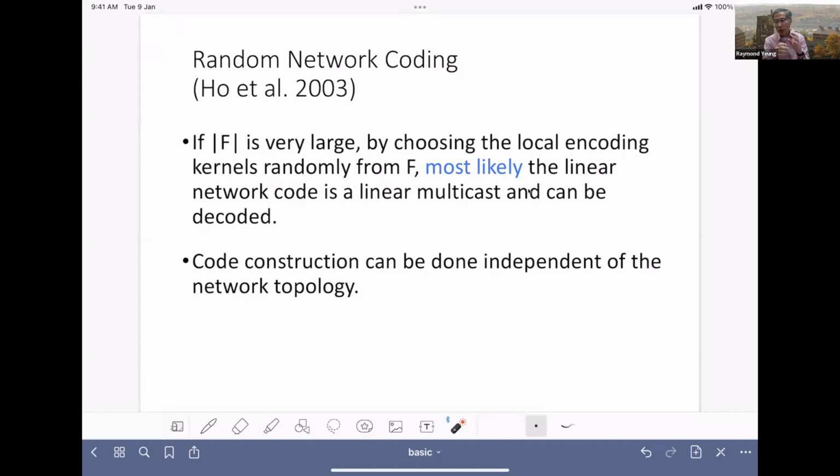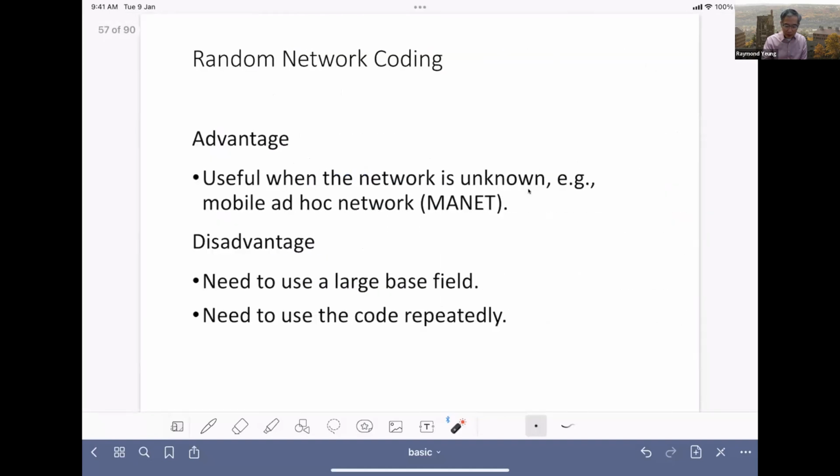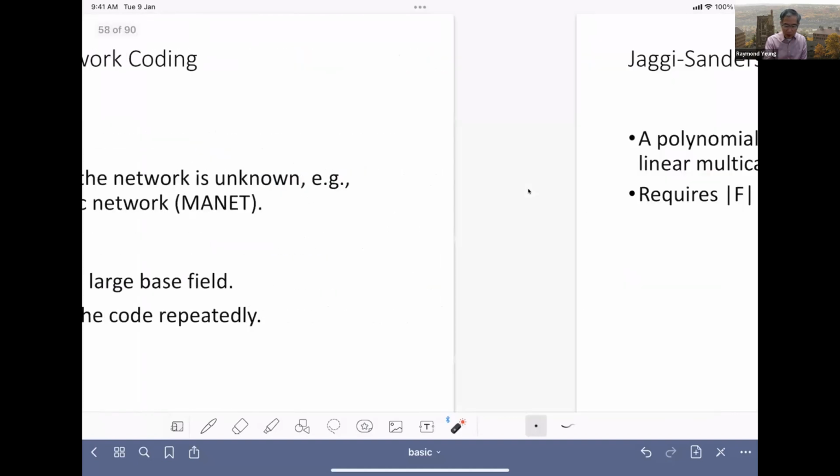As long as you use a large finite field and every node constructs a random linear code locally, then most likely the other end will be able to decode. So this is a very nice property of random linear network coding. Okay, so I'll skip this.